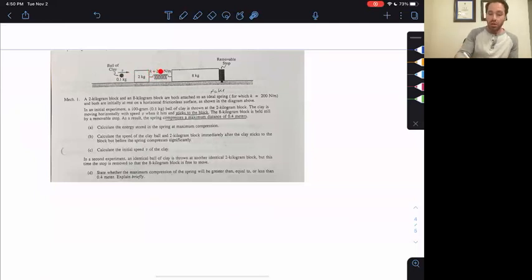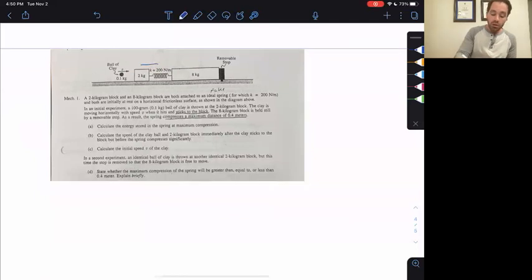As this spring compresses, it will exert a restorative force in both directions. So as the spring compresses, it will exert a force this way and a force this way. We've already taken into account the fact that the block is going to be able to overcome this restorative force. So it's going to squinch down the spring by some amount.